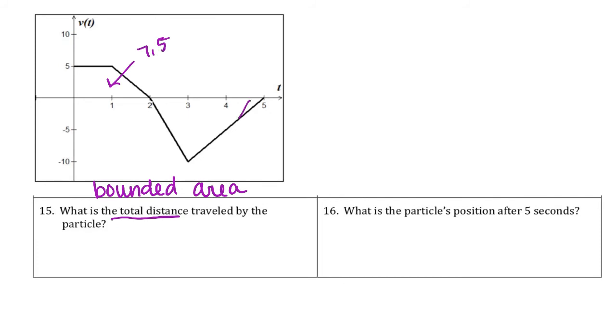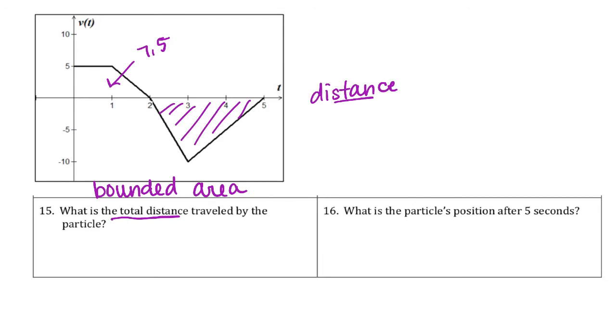So now we need to find this bounded area here. Now we have to keep in mind that total distance is positive. This is not talking about displacement. This is talking about distance. So when we find this region under the x-axis, we're going to keep that positive because even though the particle's really traveling back to the left, it is going a particular distance.